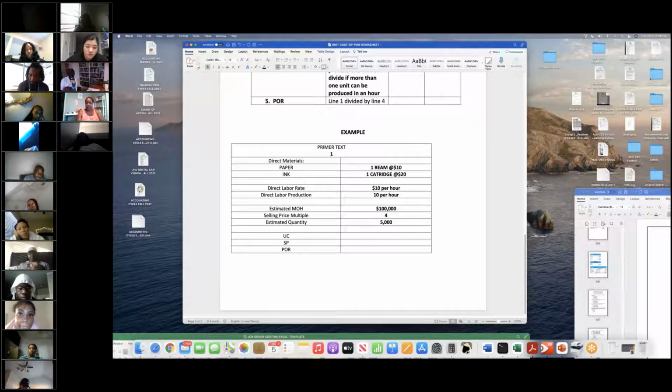It takes 1 ink cartridge to print it. That costs $20 each. The labor rate is $10 an hour, and we make 10 per hour. That is, the worker can make 10 books an hour. The estimated manufacturing overhead is $100,000. The selling price multiple is 4.